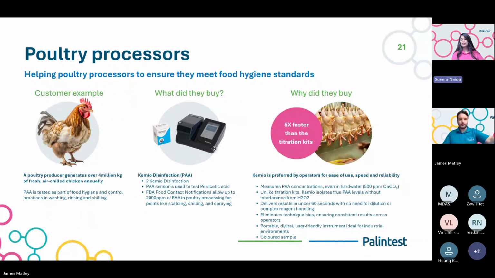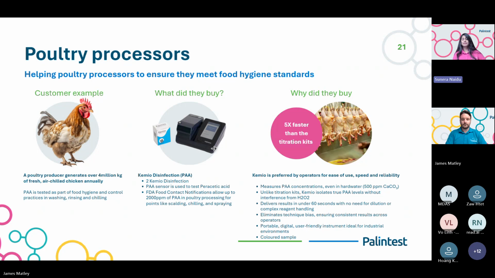It was quick because your result is provided in under 60 seconds, and it's also reliable. Unlike titration kits, the chemio works 5 times faster, so you can work 5 times faster to mitigate any issues that come about when an anomalous result is achieved. So your reaction time is quicker.